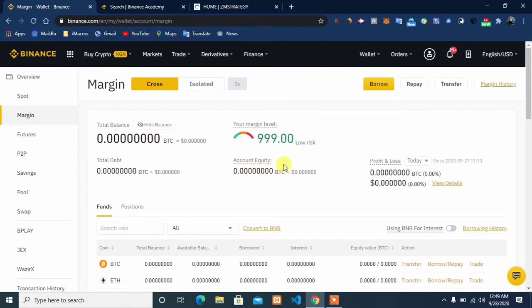And if for example you take a trade and the market starts going against you and it drops into the red side, they will give you what we call a margin call.